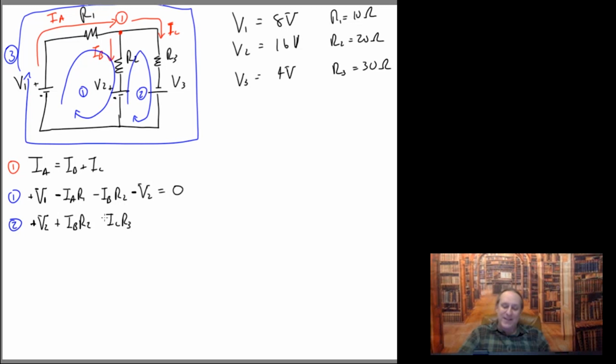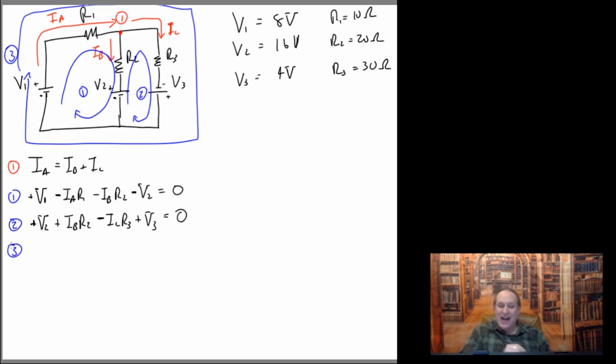And we get a minus sign because we are going with the current. As we pass through resistor R3, we are following the direction of current IC. And we come up to the battery V3, and we are lined up in the same direction as the battery. So we're going from minus to positive. So we get a plus sign. We're going the way the battery wants to push the current. That adds up to 0.